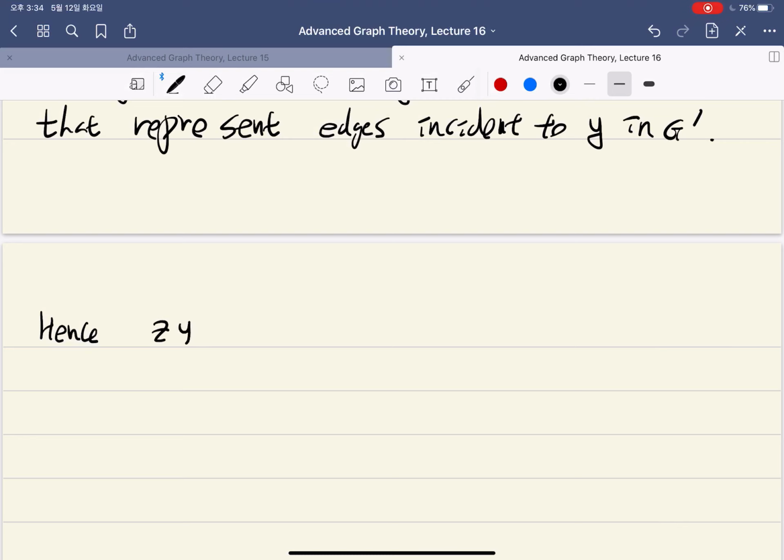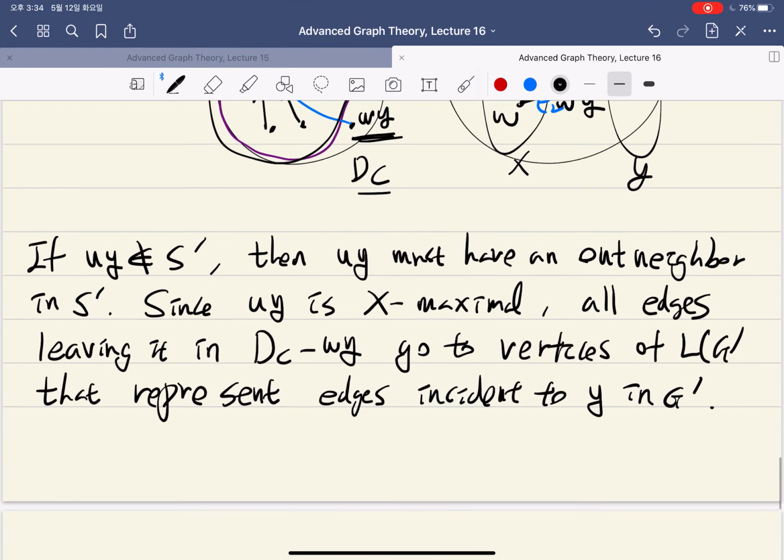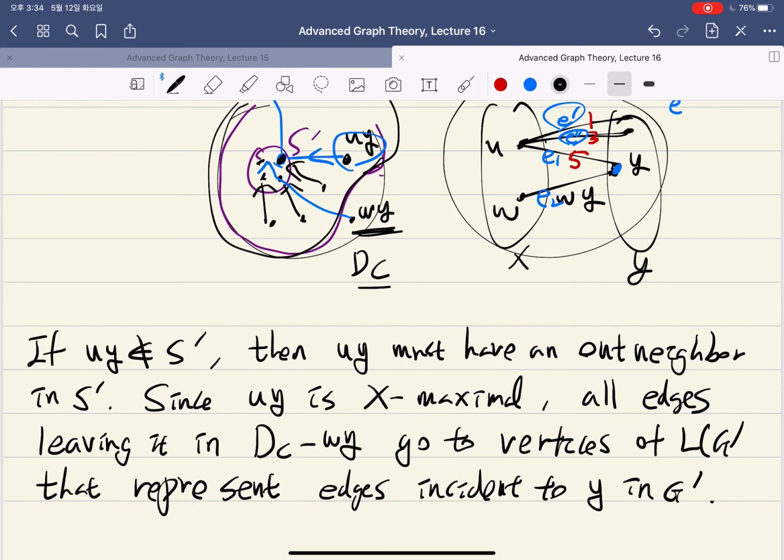Hence, there must be some gy in S prime, or some, say, g in X. So there must be some g here.